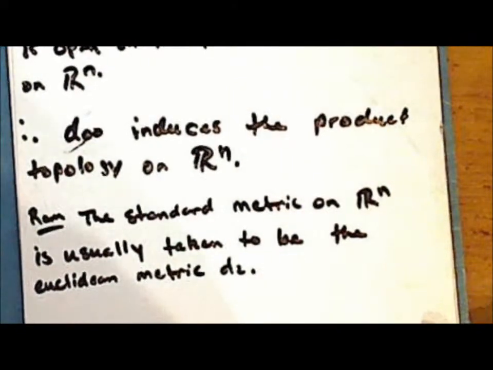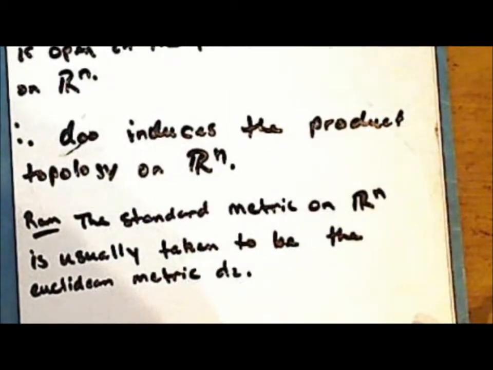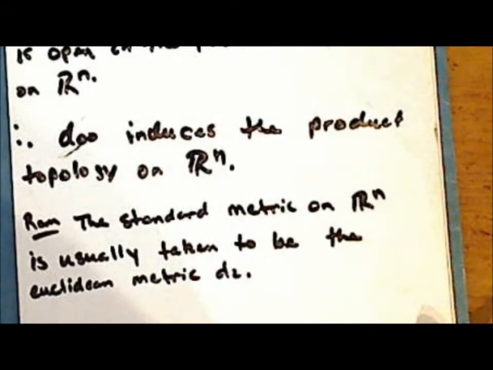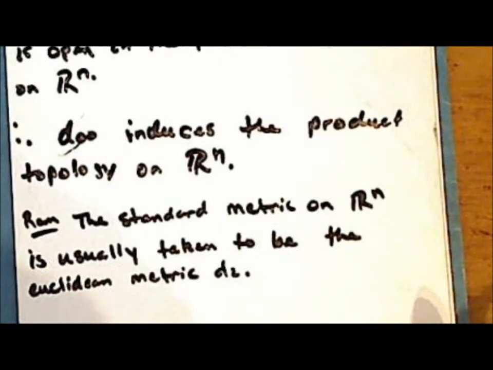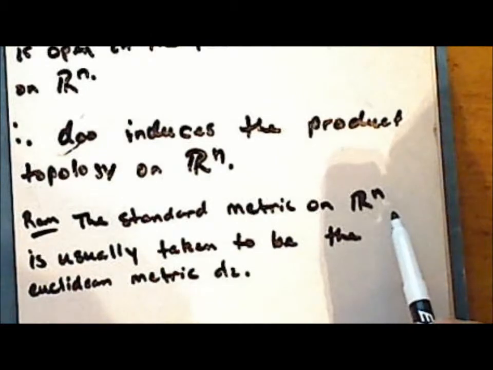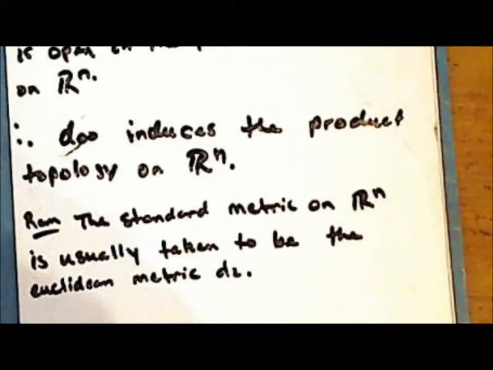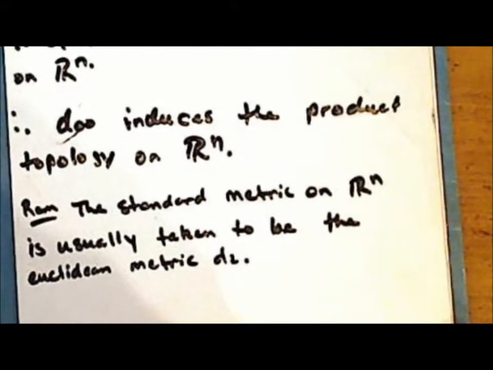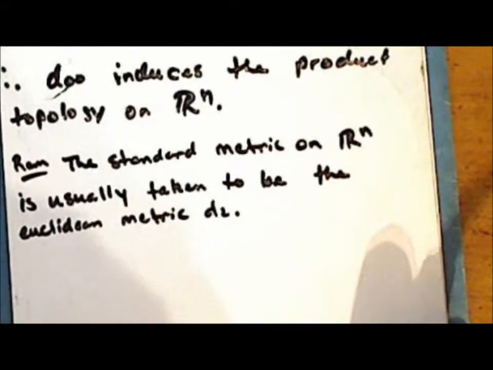But from a purely topological point of view, it really doesn't matter which of the three metrics we take as the standard on finite dimensional real space, as they all generate the product topology, which in finite dimensions coincides with the box topology.